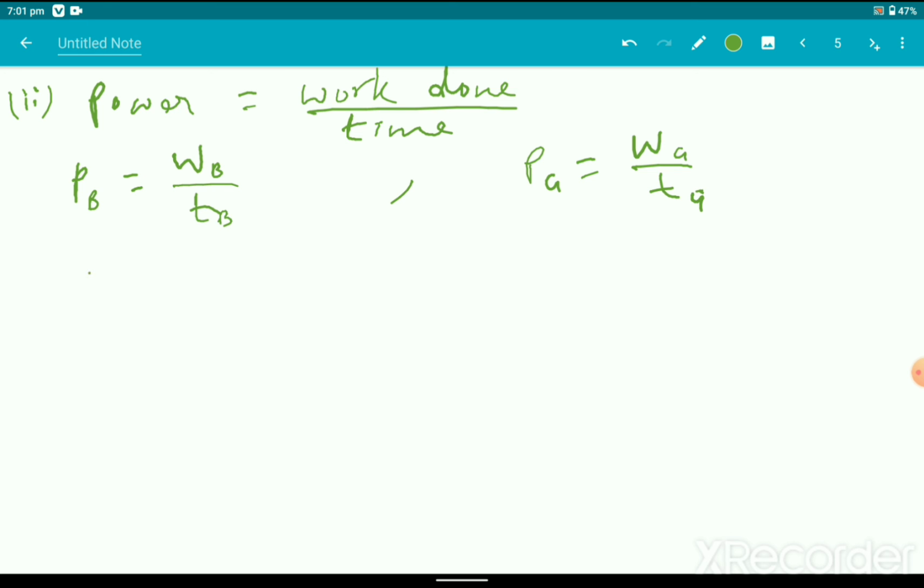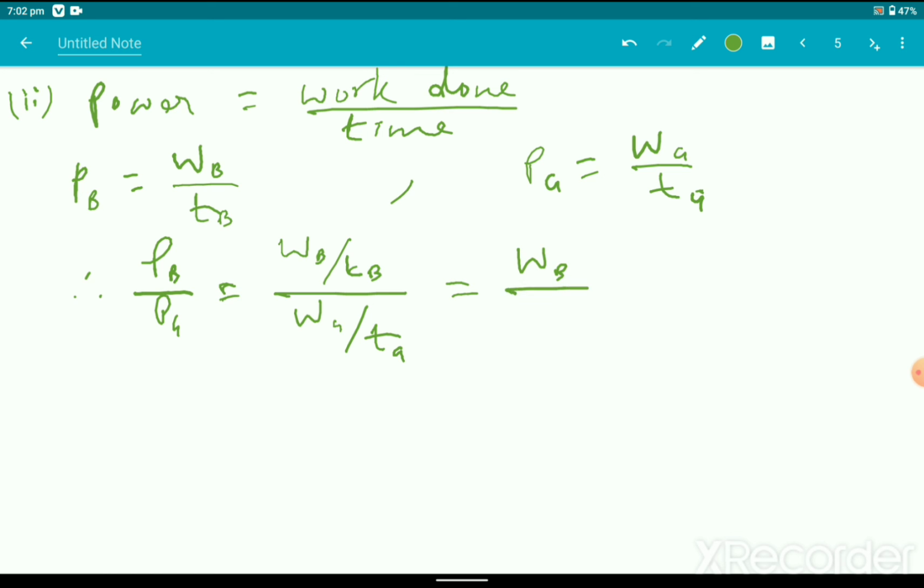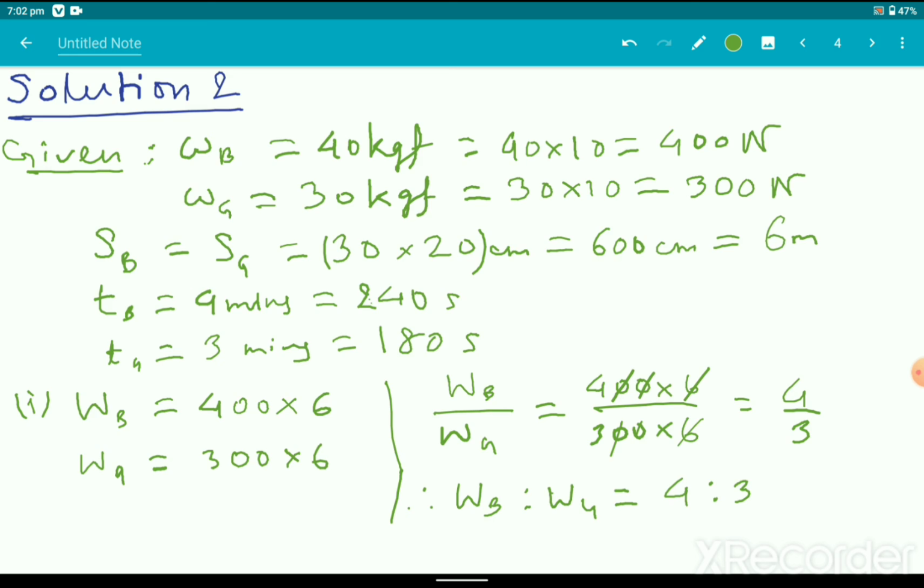Hence the ratio P of boy by P of girl will be work done by the boy by time taken by the boy, by work done by the girl by time taken by the girl. So it is work done by the boy by work done by the girl, into time taken by the girl by time taken by the boy. Now the ratio of work done by the boy and girl is, as we found on the previous page, 4:3.